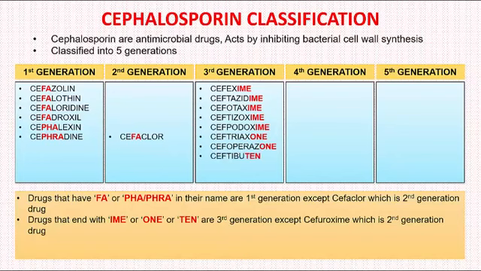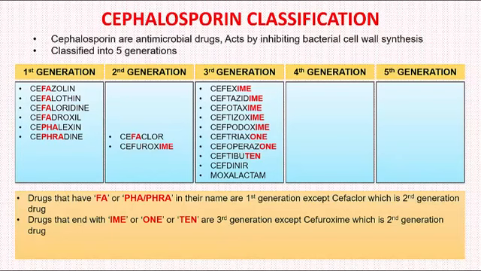Again, there is one exception to this trick where cefuroxime ends with the letters IME but it is a second generation cephalosporin. Apart from the above mentioned drugs, there are two other drugs which do not follow this rule but are third generation cephalosporins. So we can remember them separately. These are cefdinir and moxalactam.